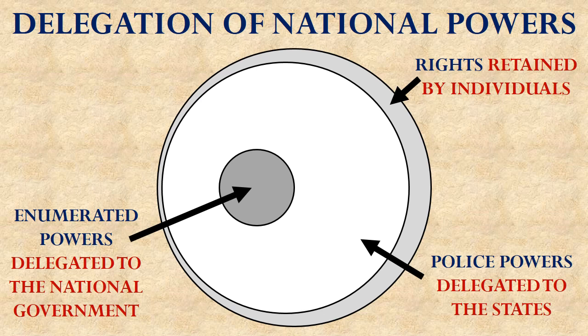So within that circle, we have that smaller gray circle, these few enumerated powers given to the national government. And the powers in the white circle we can now describe not just as delegated powers given from the people to the states, but also as retained powers, powers that the states kept, even as some of their powers were given to the national government.